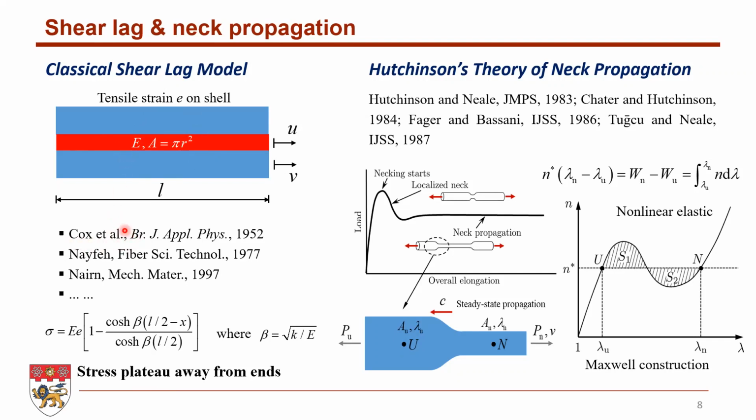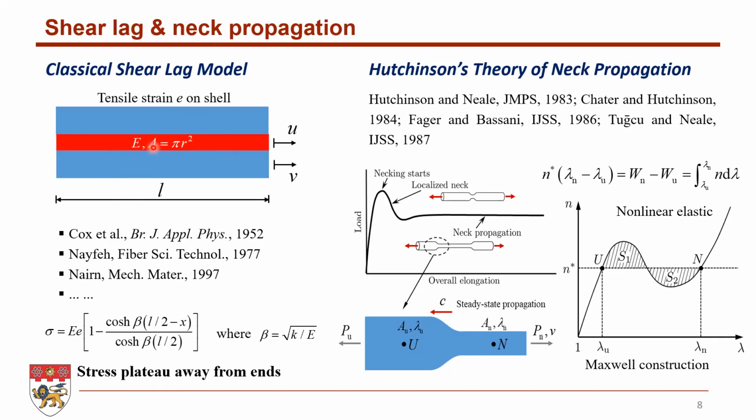Cox first studied this problem and gave such a solution to the stress distribution, which predicts zero stress at the two ends of the core and a stress plateau in the middle part. Due to the stress plateau, we can expect a random fracture in the core, in the middle part. But this cannot explain the controlled fragmentation in our experiment.